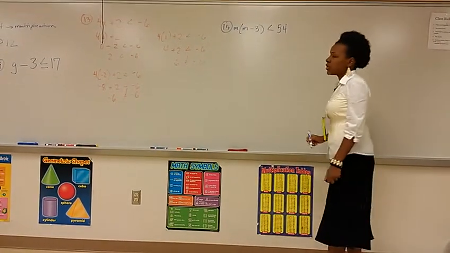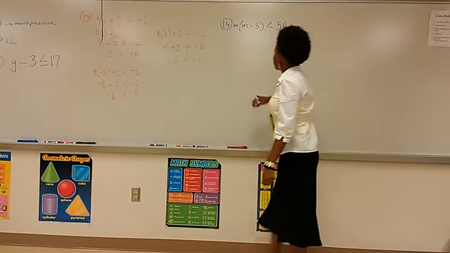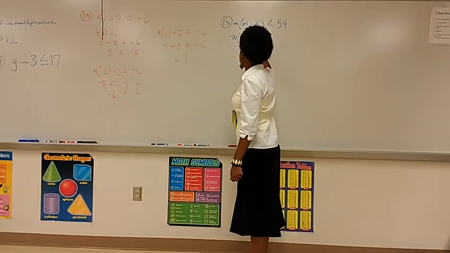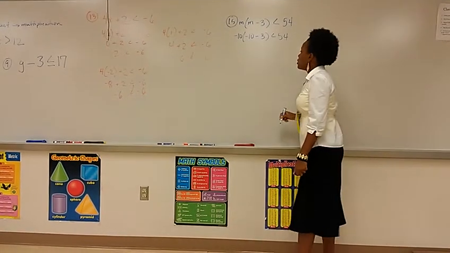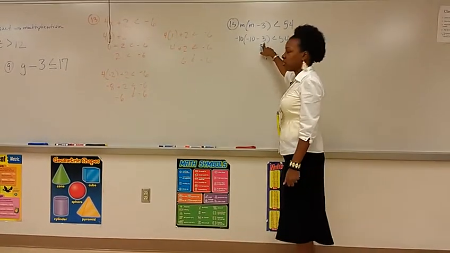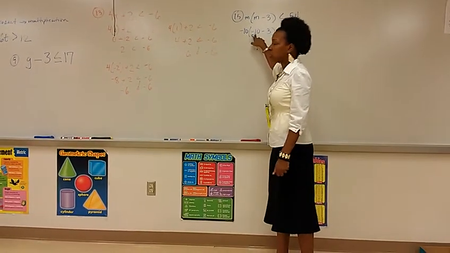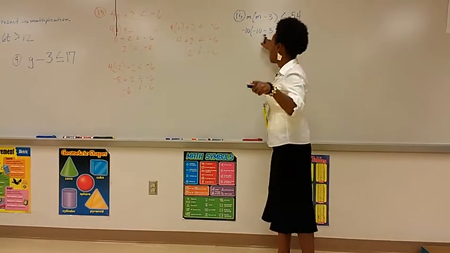Alright, so what's my first number that they told me to try? Negative 10. So I got to put a negative 10 everywhere I see an M. So what is negative 10 take away 3? I got to do parentheses first. Negative 13.